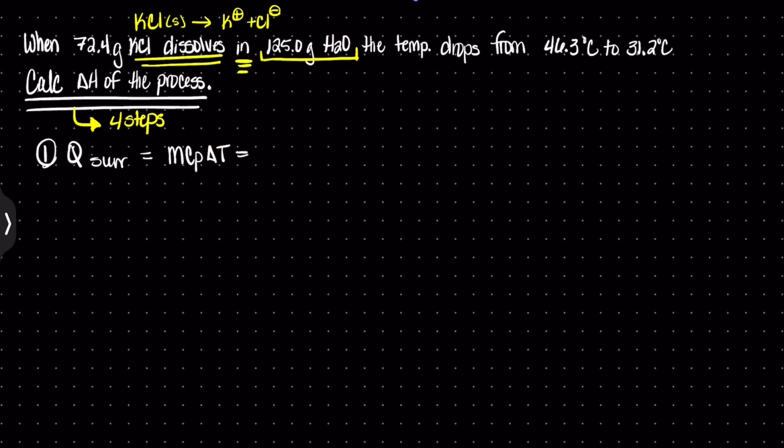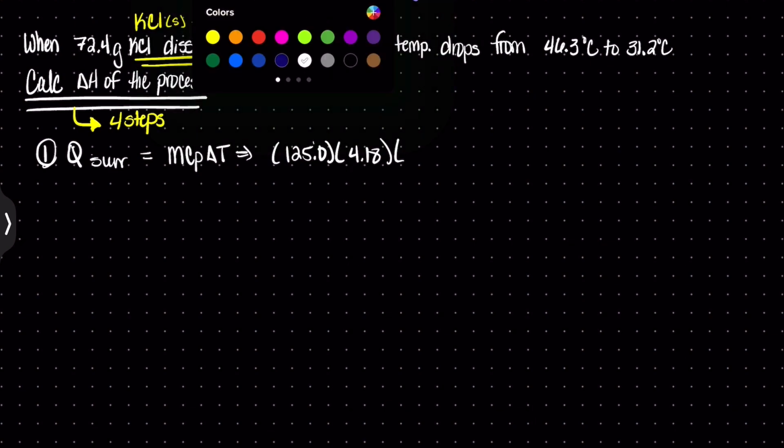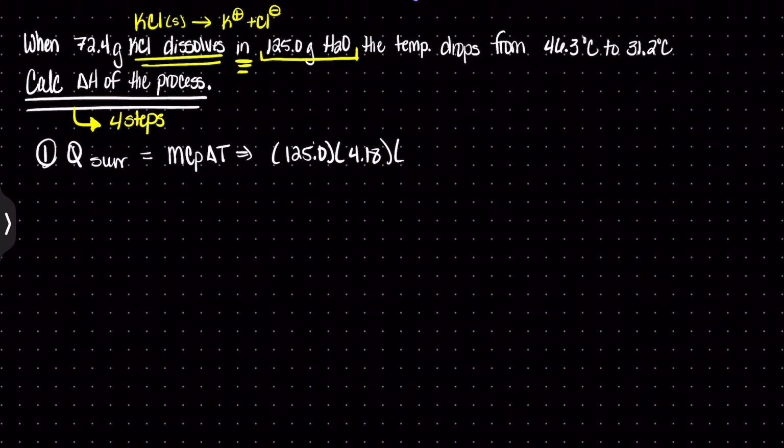Move that right along to the mass, 125.0. The specific heat of water is 4.18. And here we go, delta T is TF minus TI.